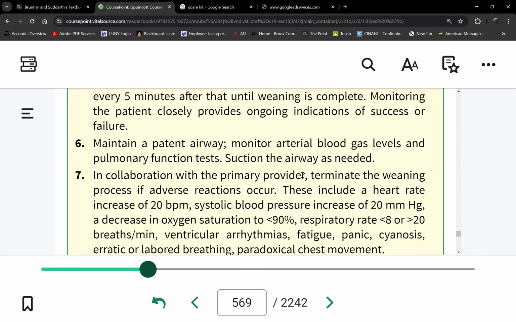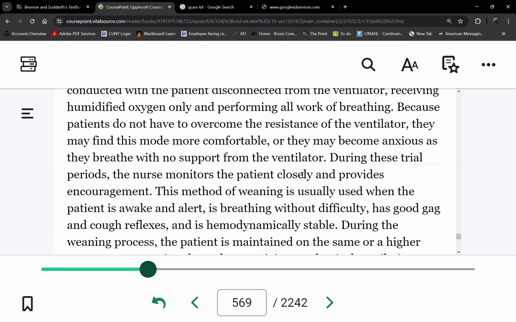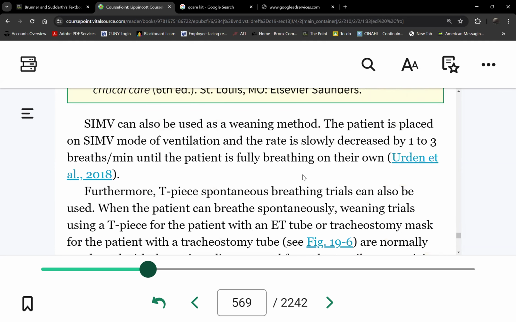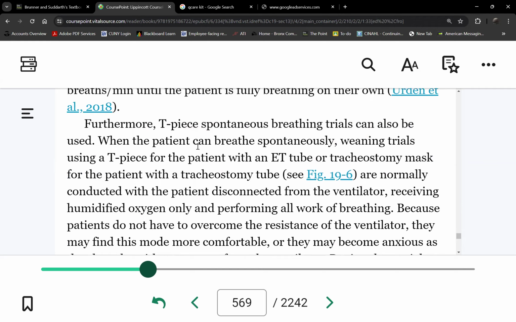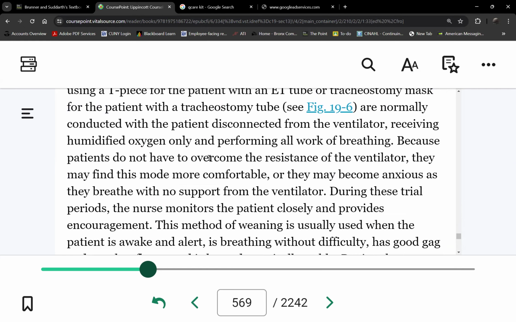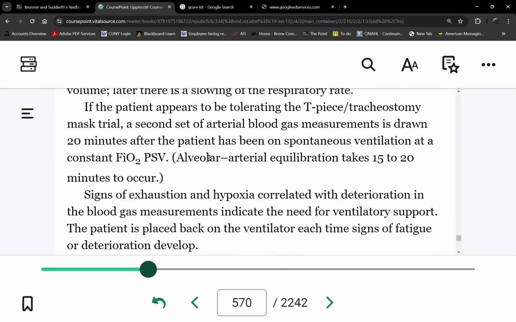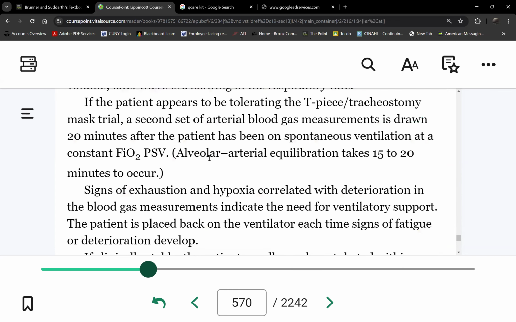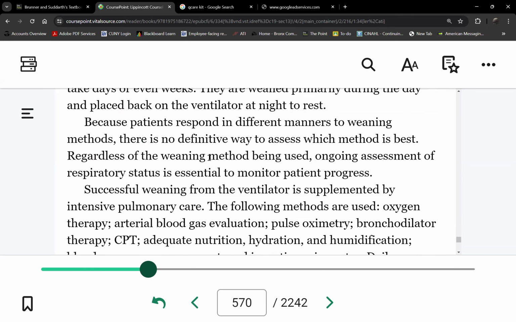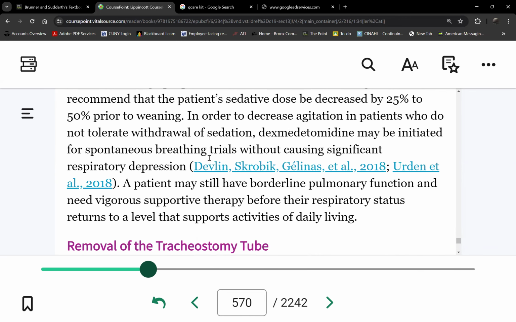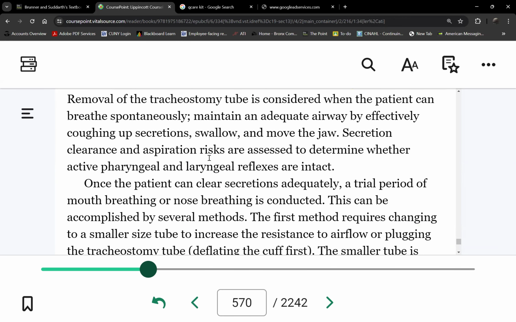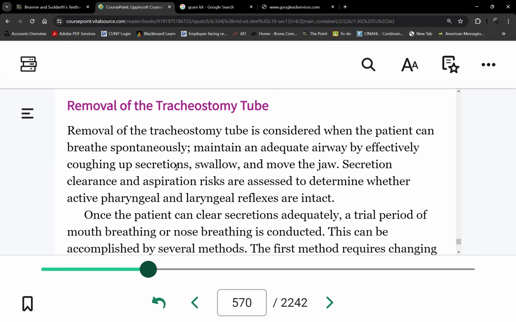Now let's go to the extubation. Here are the methods again: SIMV, T-piece method, and then PSV. Now, removal.